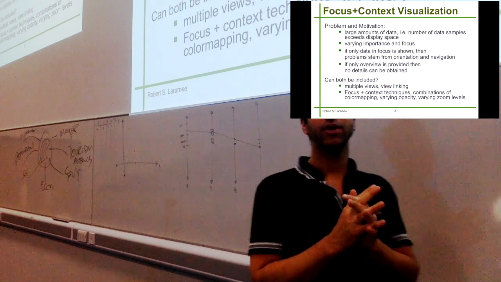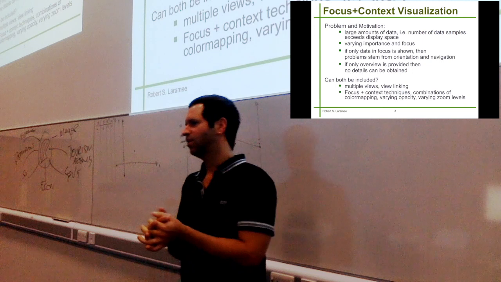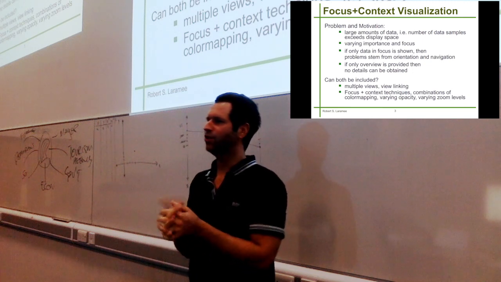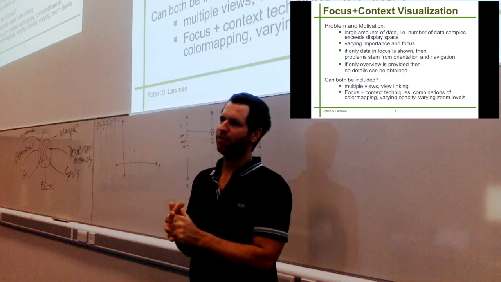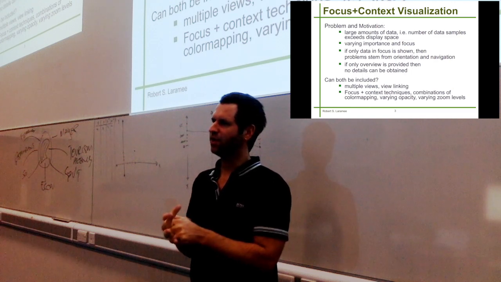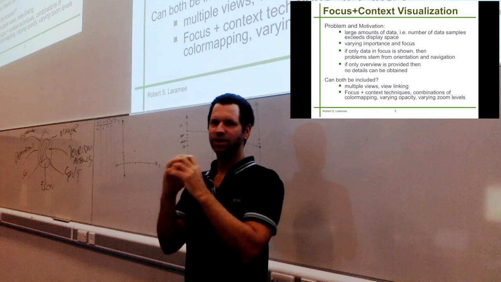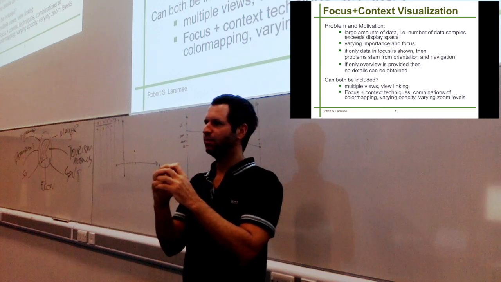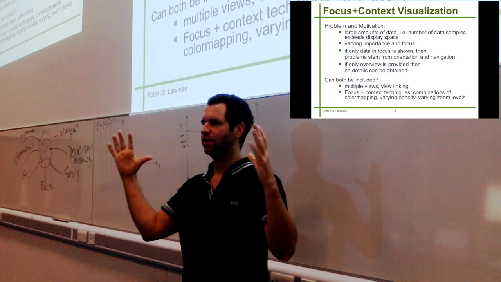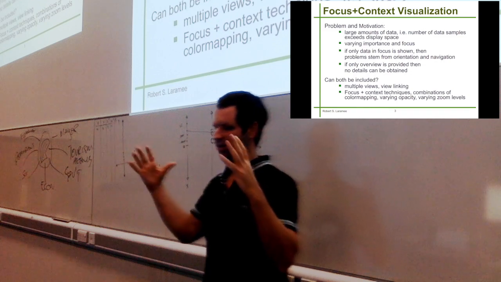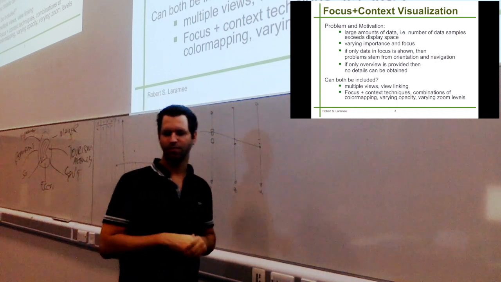So if you show somebody only the focus, you can get lost. And that's something you're very familiar with when you're using your mobile phone. Whenever you try to look at a map on a mobile phone, it's more difficult because you have such a small space. It's much nicer to look at a map with more context, more of the surrounding space, like on a laptop or on a screen. Right? It's more difficult on a mobile phone.